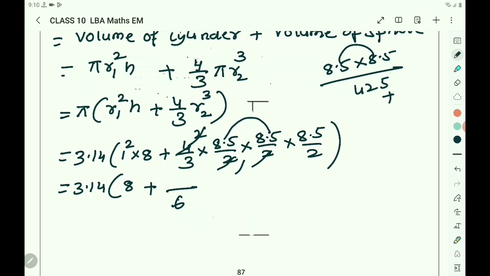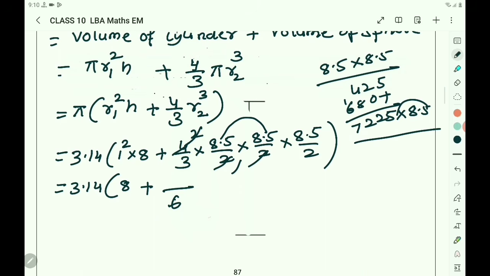Plus 8 5s are 40. 8 8s are 64. 64 plus 4, 68. Into here 5 and 2 plus 2 is 2 plus 0 is 2. 8 plus 4 is 12. 1 carry. 6 plus 1 is 7. Again into 8.5.